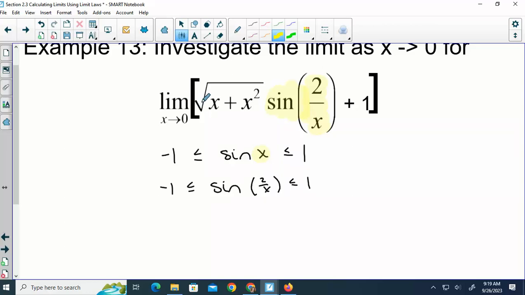The radical. Okay, square roots are positive, right? So I can multiply all of it by the square root of x plus x squared.